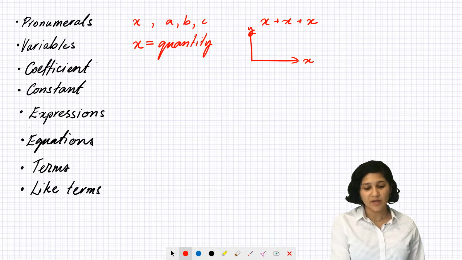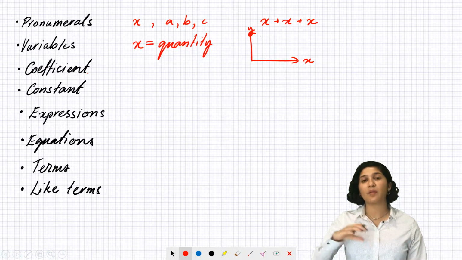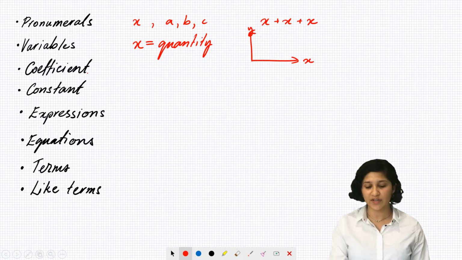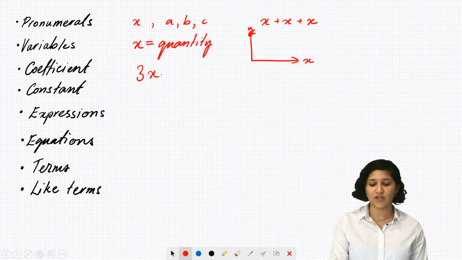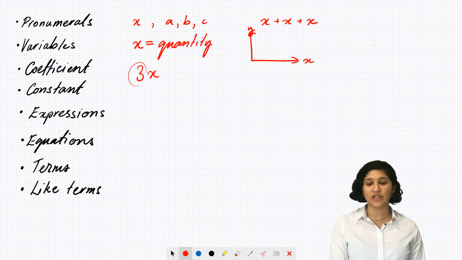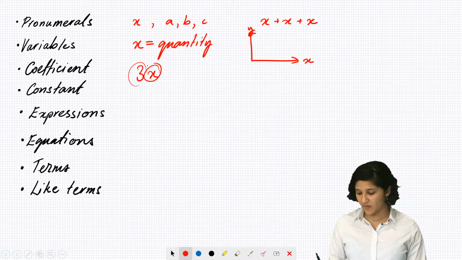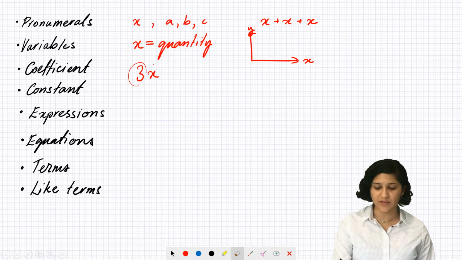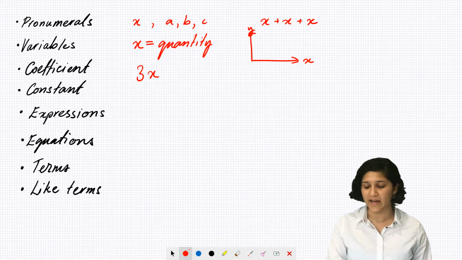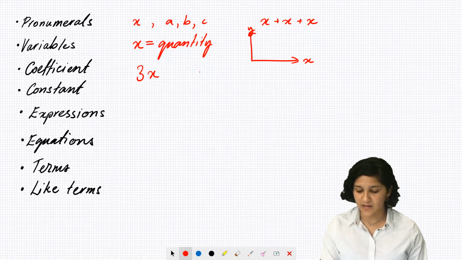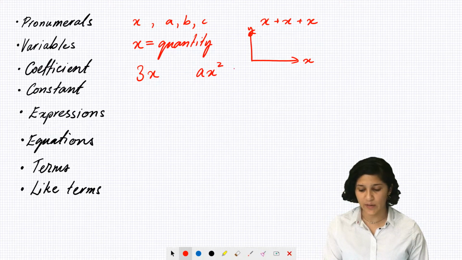A coefficient is a number that multiplies a variable. So I could have 3x, and so 3 is the coefficient of x. This is where we see the difference between pronumerals and variables a bit, because I can have a term like ax squared.